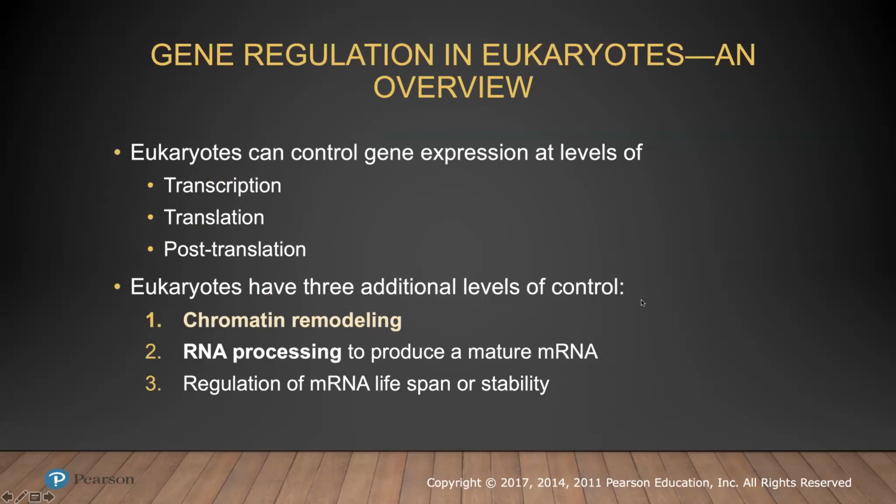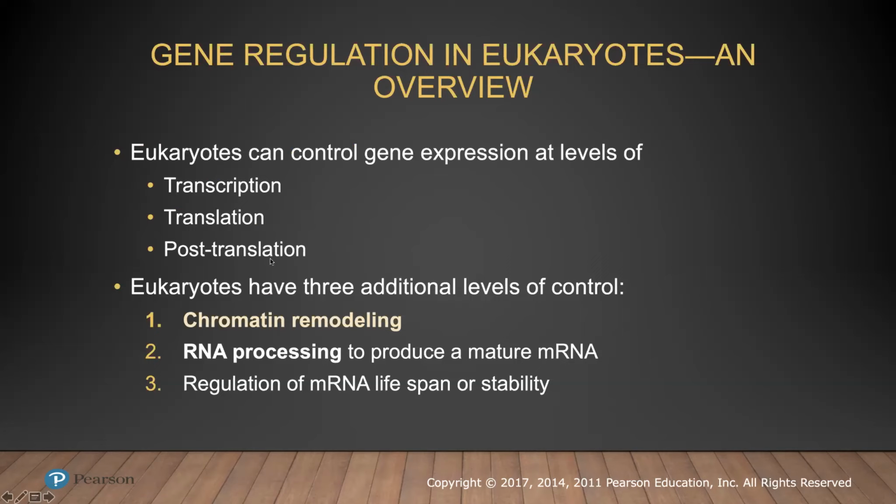So how does this happen? Gene expression is controlled at multiple levels in eukaryotic cells. The rest of next week, we are going to look at transcription, translation, and post-translational control of gene expression.